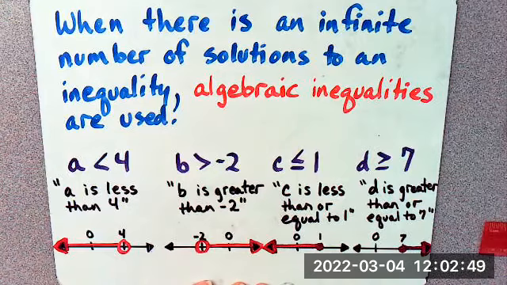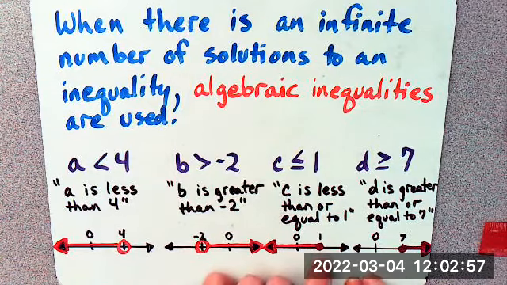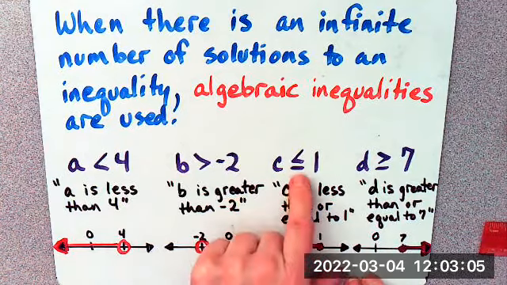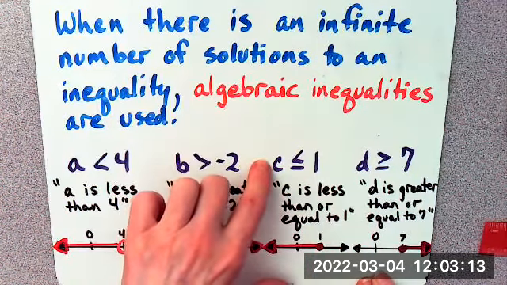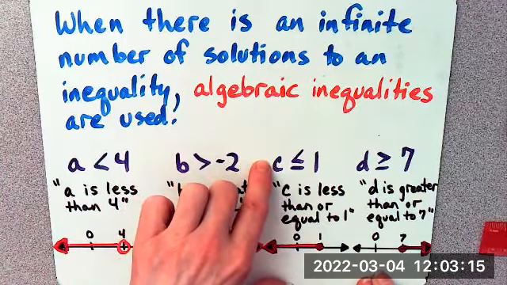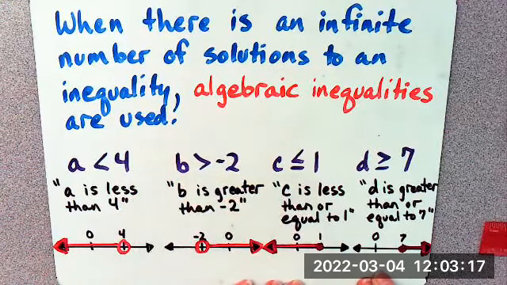But let's say we're not really talking about cantaloupes because we're going to go below 0 here. So we start with a solid point at 1 because it can equal 1. We notice the inequality is pointing that way. We use a test point of 0, which is on that side of 1. Is 0 less than or equal to 1? Yes, it is. So we do graph that direction.